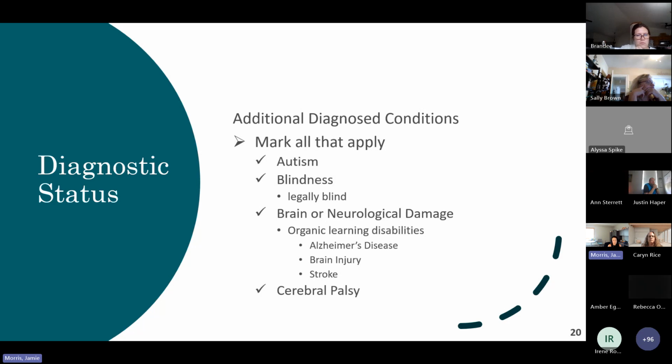Of course, the very first one is the autism diagnosis. We know that sometime there was a change in the DSM, so if they have a pervasive developmental disability, that must be before the date of May 18th, 2013. Otherwise, it should be an autism diagnosis in their paperwork. We look at the evaluations that were used, and what tests were administered for that diagnosis.